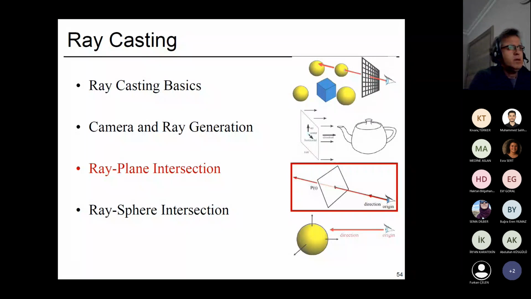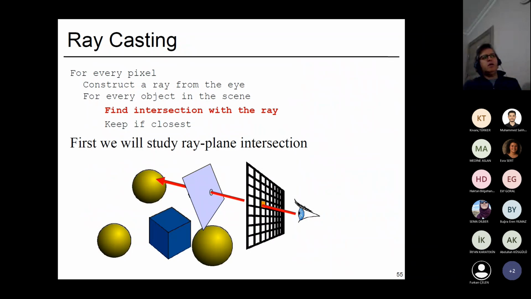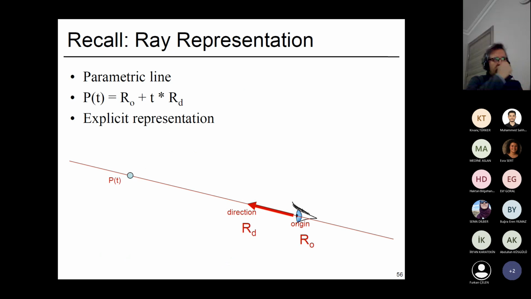Okay. Now, once we have the ray, we know how to represent a ray. What we want to do is find the intersection of the ray with our objects. Okay, let's start with a plane. Assume that our object is a plane, and I want to find the intersection of that object with my ray.